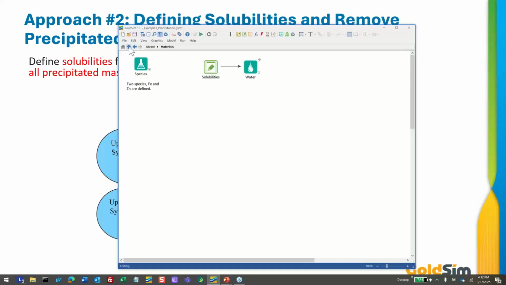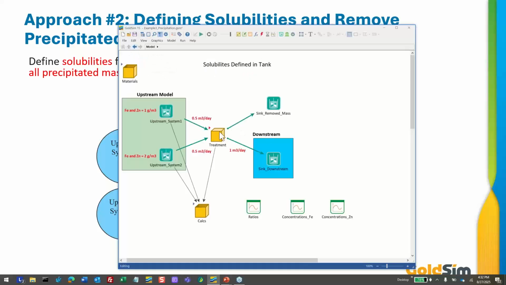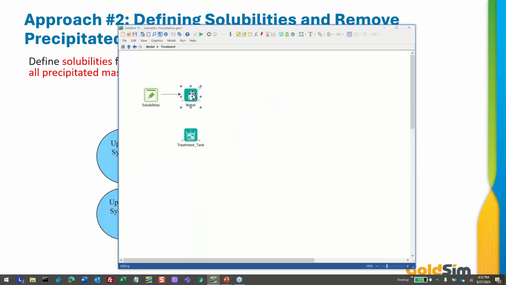I can only clone an element if I have a localized container. Here I have a localized container called treatment, and I cloned that water element to right there. So a clone basically has all the same properties.